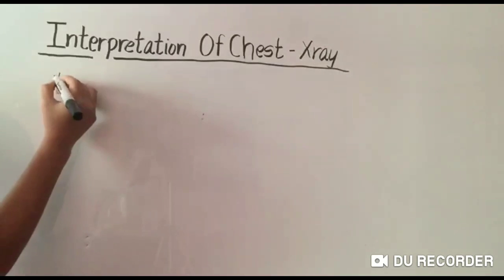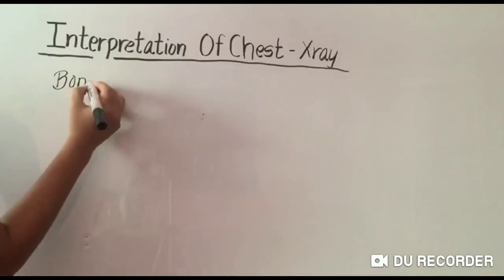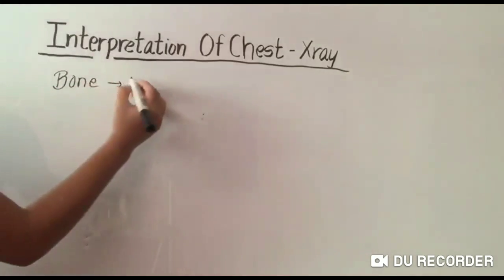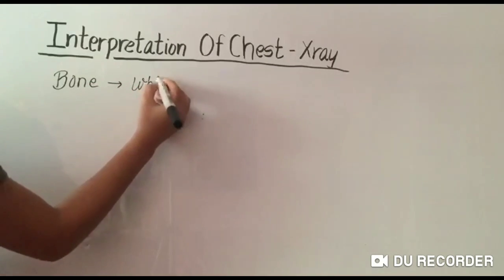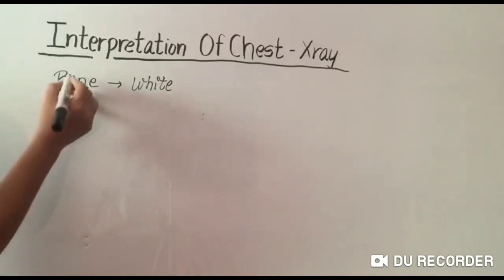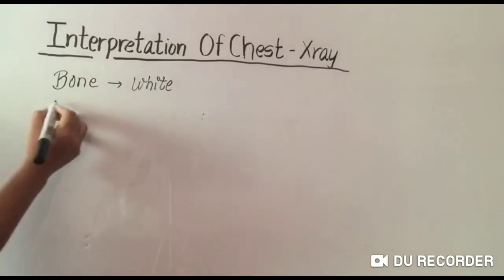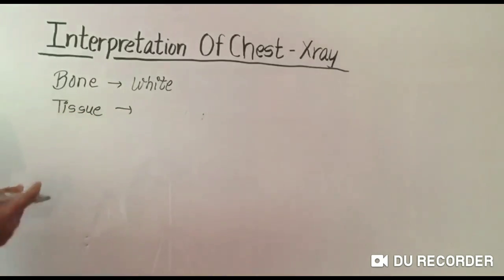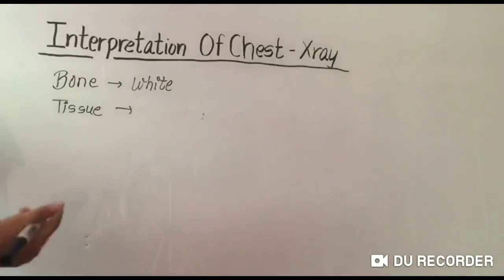We will see bone in the X-ray in the white color. Bone has high absorption. We will see tissues which have middle absorption, not so high, not so low.